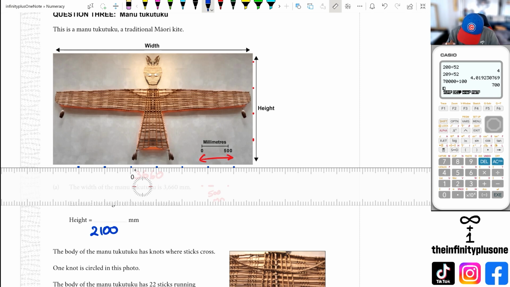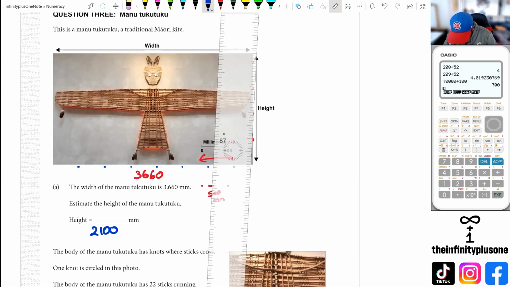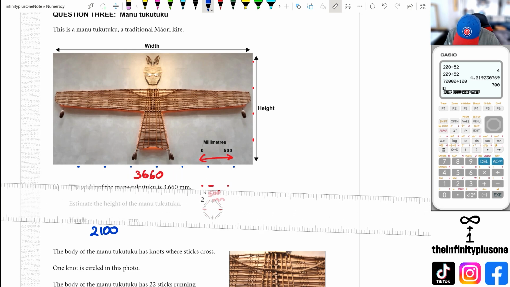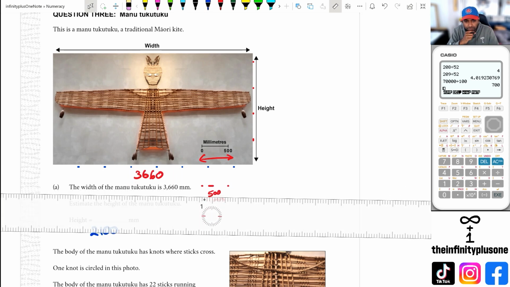So 7.5, and then here we had 4. So you could almost say that it's just over half. So that's another way you could do it as well. You could use the rulers to measure it out. But I think the easiest way is to use the scale there, where you take that unit as 500 millimeters and then work it out.